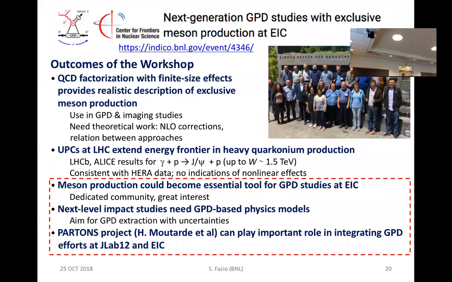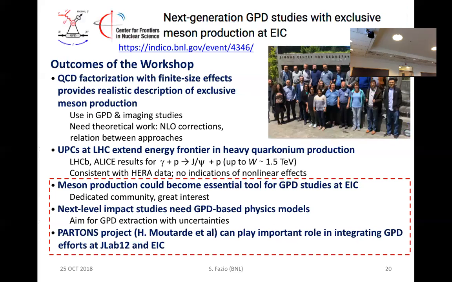What we want to consider is turning the PARTONS project framework, proposed by Harvey and Jakub, into something similar to xFitter, where you can put in models and do fittings that give you an idea of, for example, impact studies. We plan to get together again at the end of January, I guess. It's not announced yet, in Warsaw, and work hands-on with people involved like Fazio or Peter, and I think, with advice.